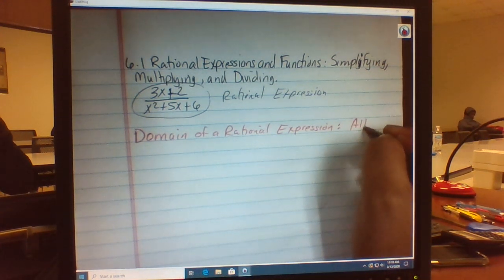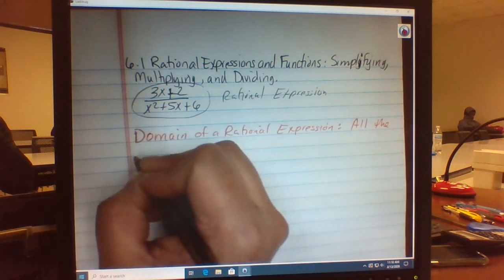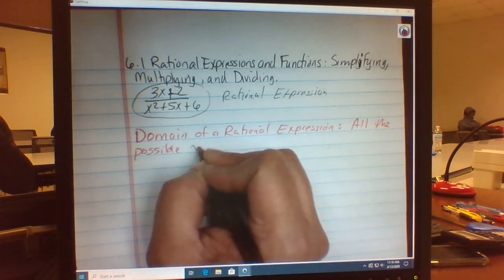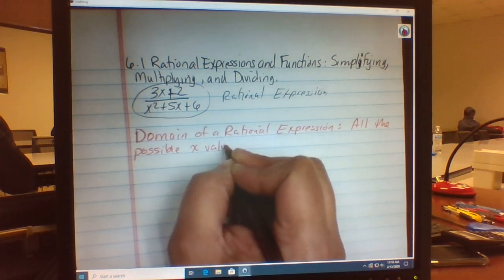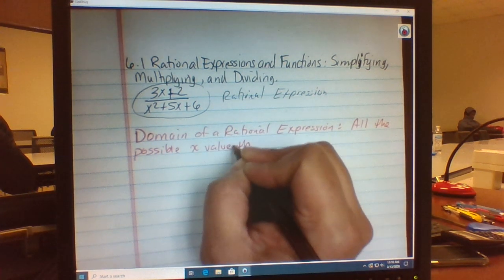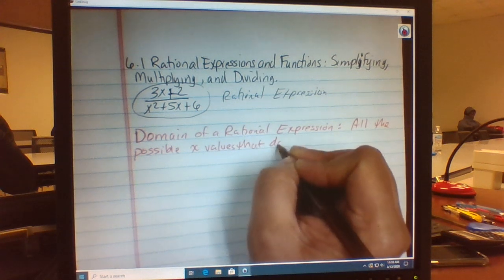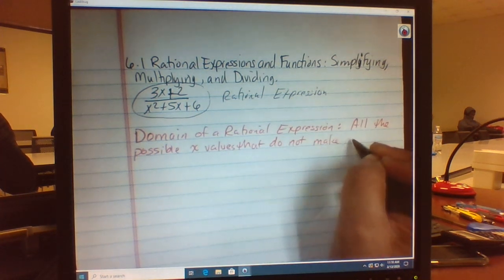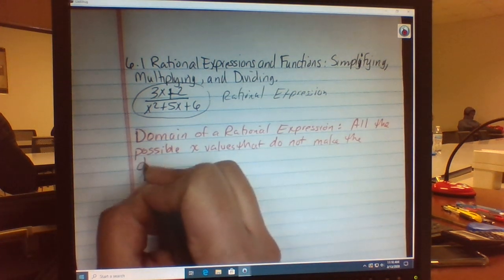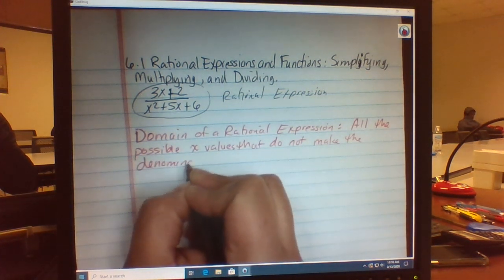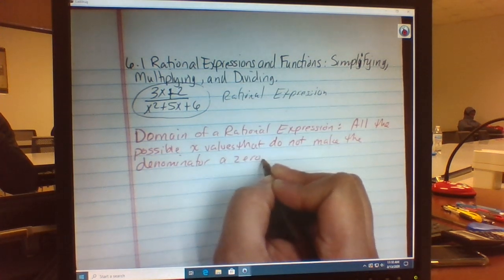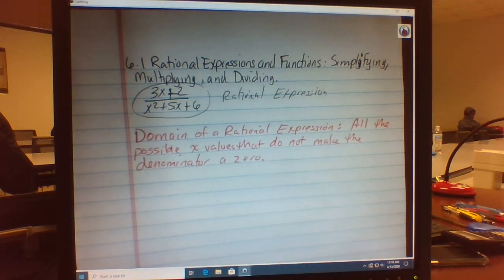It is all the possible x values that do not make the denominator a zero. What happens if you have a fraction and your denominator is a zero?